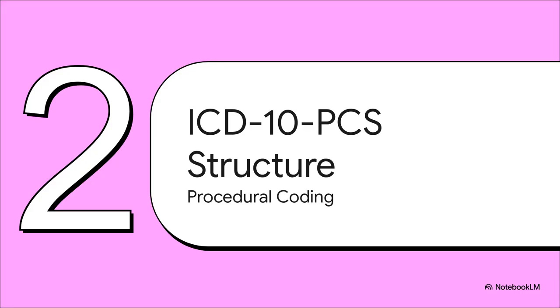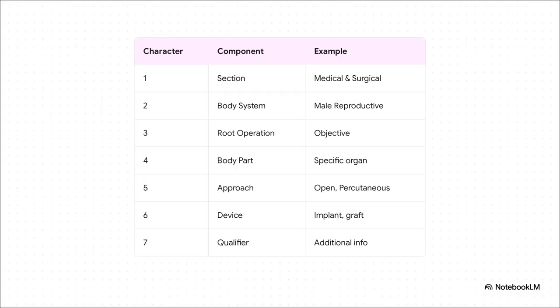Moving on to Section 2, the ICD-10 PCS code structure. Now that we know why a case goes surgical, let's break down the anatomy of the procedure codes themselves. You guys know this, but every ICD-10 PCS code is a highly specific 7-character alphanumeric string. Every single digit matters. Character 1 is the section.